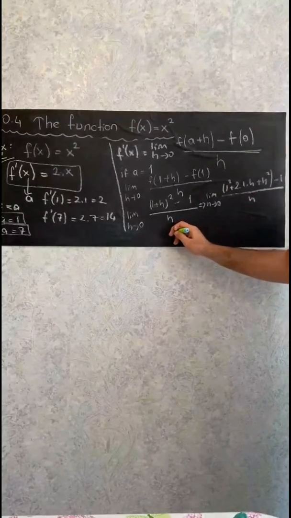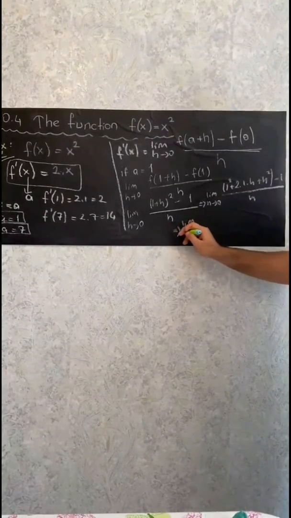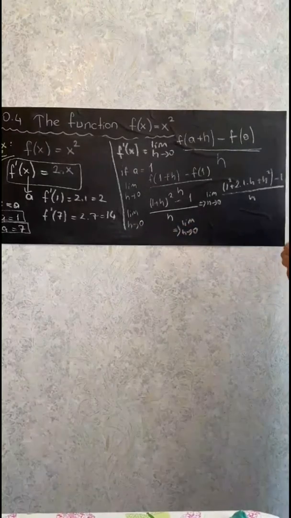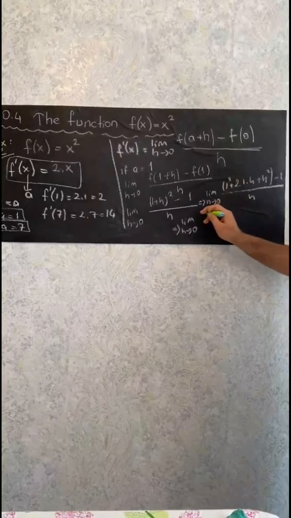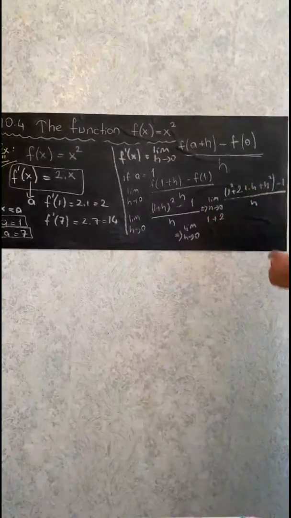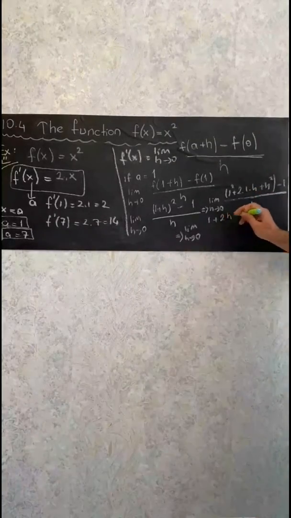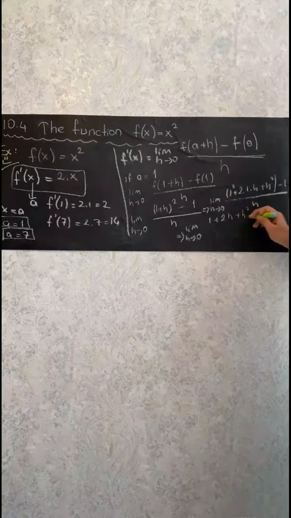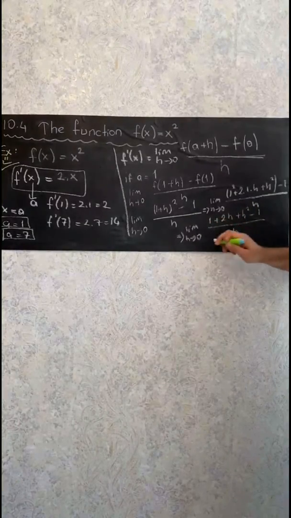So 1 squared is 1 plus 2 times 1 times h, 2h, plus h squared, minus 1, over h.